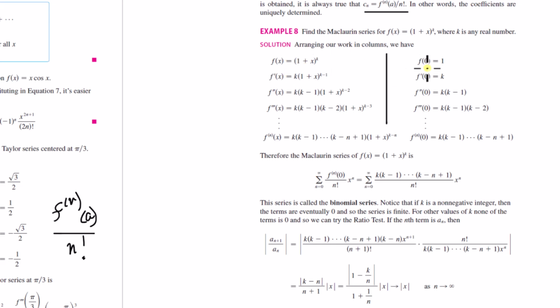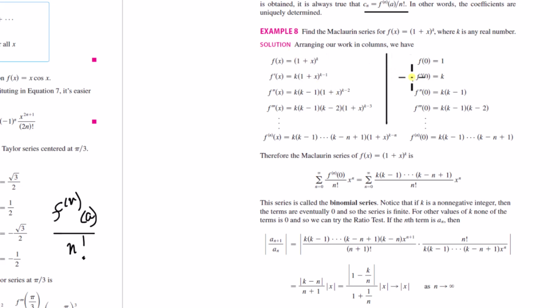So f of the center point is 0, so f of 0 is 1. Here, f of 0 is k, so you just, x is 0. So what you end up getting is 1 plus 0 to some power, but 1 to any power is 1.